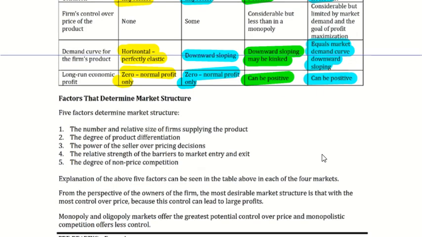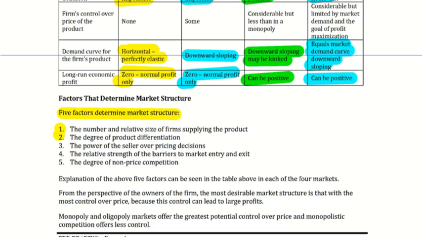We continue onwards. Factors that determine the market structure. We're going to look at 5 specific factors, and how we relate them to the four markets that we've just looked at. These 5 factors are what will determine the market structure. Number 1, the number and size of firms supplying the product.